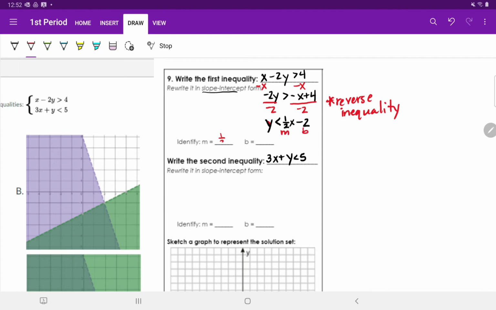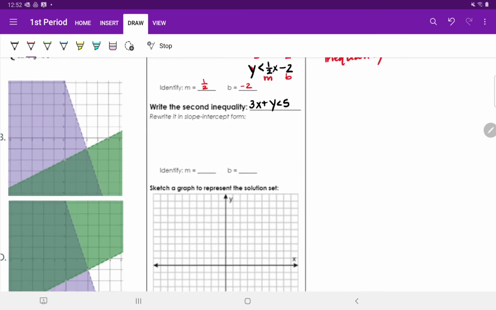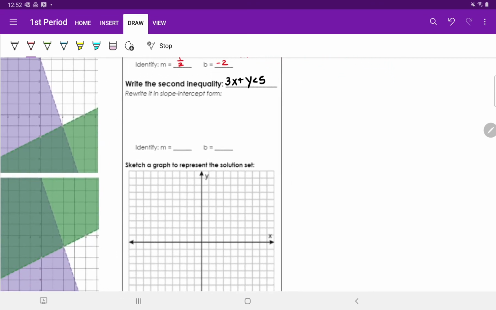Our m is 1/2, our b is negative 2. Let's go ahead and draw this. If we have a b of negative 2, that's here, and an m of 1/2, that's up 1, right 2, up 1, right 2. I'm going to draw quite a few points here to make it very clear where my line should go.